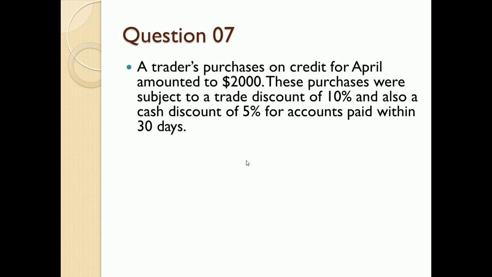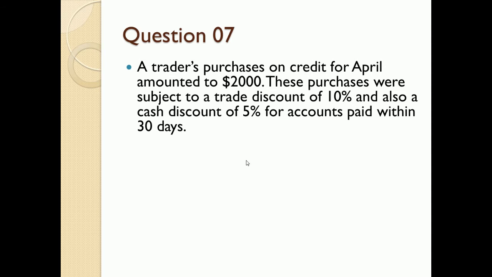So 7th question. A trader's purchases on credit for April amounted to $2,000. These purchases were subject to a trade discount of 10%, and as you guys know, we must do the calculation of trade discount, but we do not record this trade discount in our books of account at all, and also a cash discount of 5%, which we have to calculate at the time of payment, when we relax our customer and give him some discount.